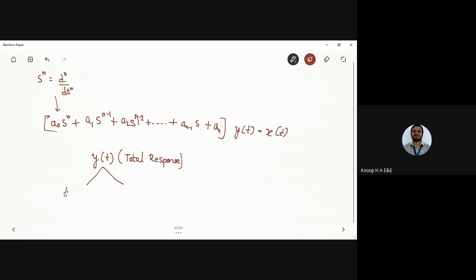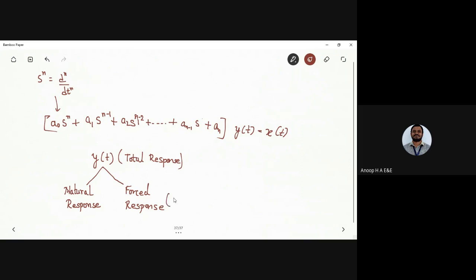The first one, without any input consideration, is the natural response of the system. Next, I have the forced response. Got it? So this is how I'll be finding the total response of the system.